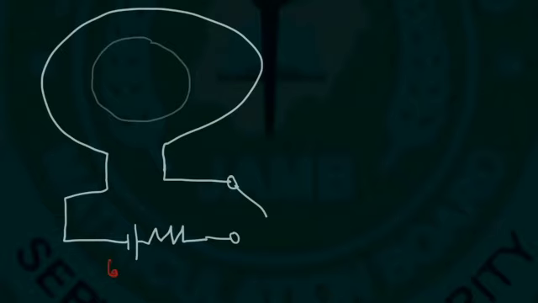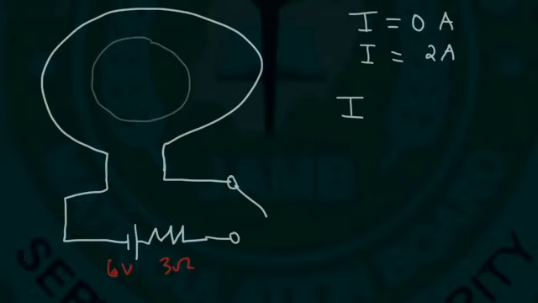So let's say it's a 6-volt battery and we have a 3 ohm resistor. So right now the current is 0 when the switch is open. However, once we close the switch, the current will become 2. So it's going to go from 0 to 2 amps. So therefore the current is increasing, which means that the flux is increasing.